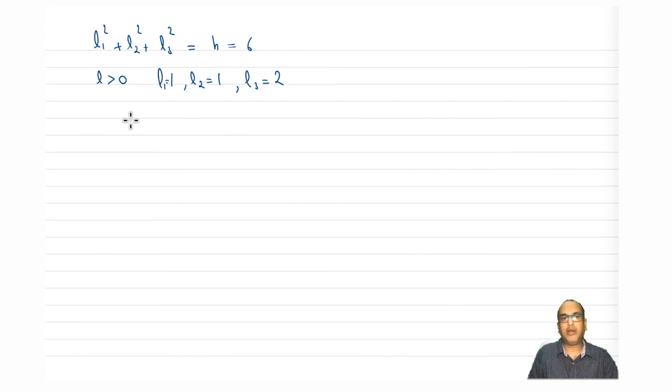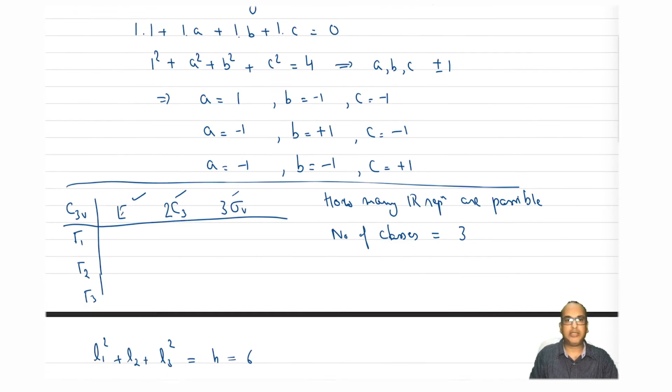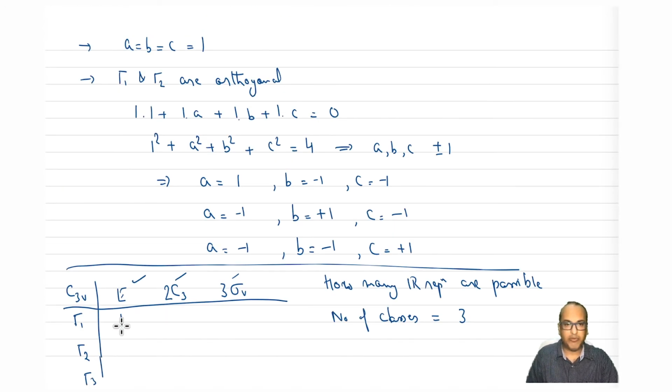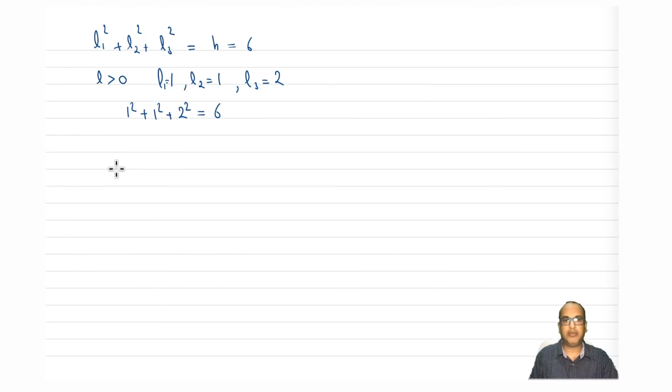So 1 squared plus 1 squared plus 2 squared gives 6. Now let us go back and fill this up: 1, 1 and 2. Now let us write this as A and B and see how we solve this.